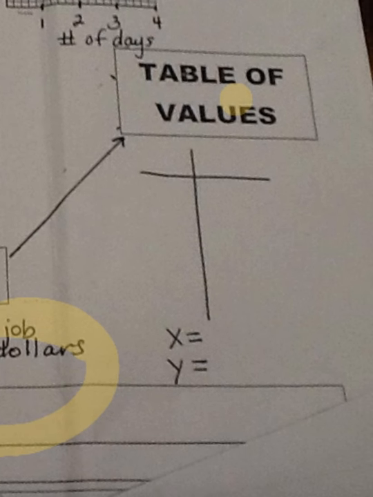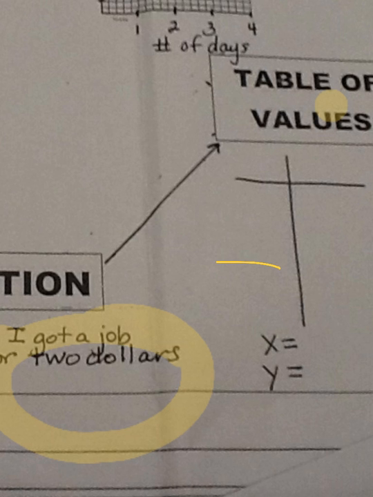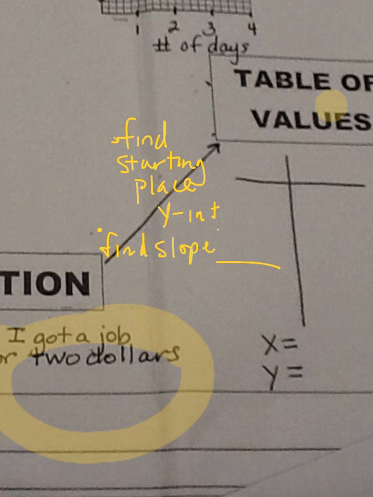When we're dealing with the table of values, the first thing you want to figure out is the starting place, which is your y-intercept. And then you want to find your slope. In this case, that's how much money is added.